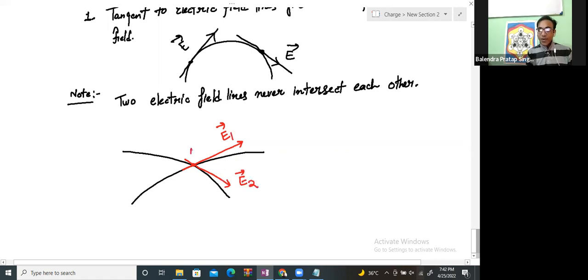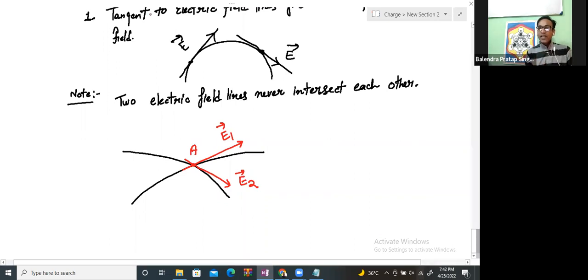So at a single point A, there are two directions of electric field. That's not possible. At a single point, the direction of electric field is only one. If they intersect, there would be two directions of electric field lines, which is not possible. That's why two electric field lines never intersect each other.